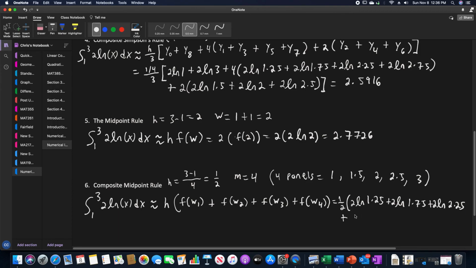Plus 2 times the natural log of halfway between 2.5 and 3, so 2.75. Toss that entire thing into a calculator, and you get an answer, a closer answer at least, of 2.6053. So those are several approximations of the integral based upon those numerical integrations.